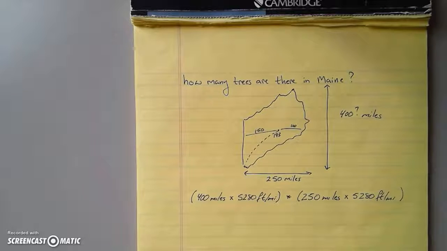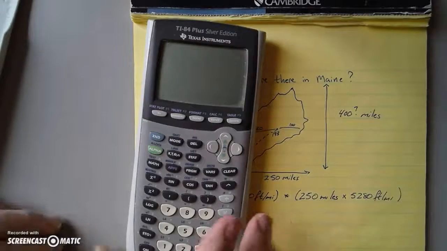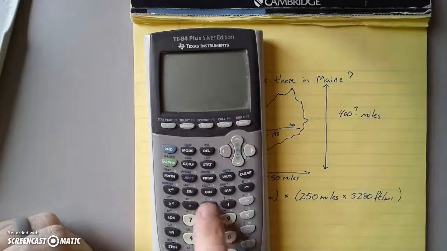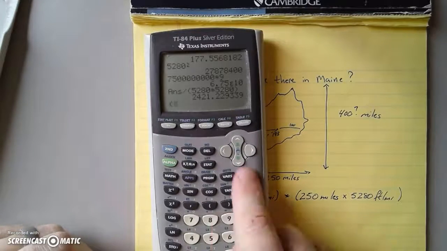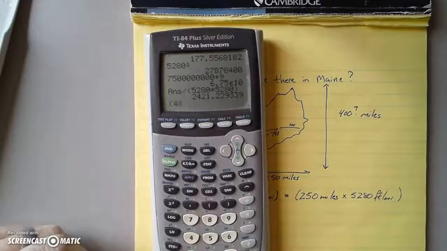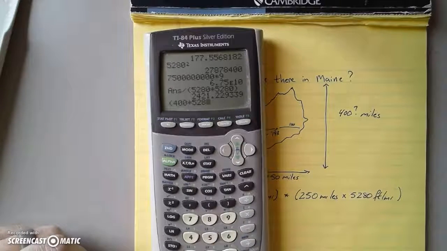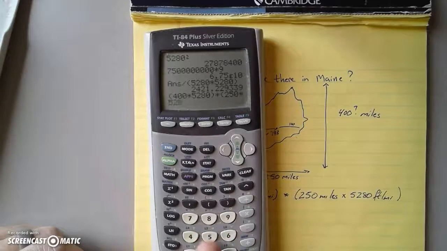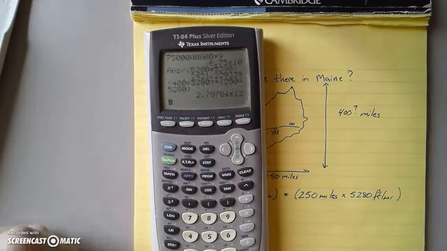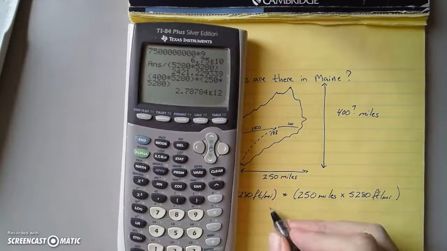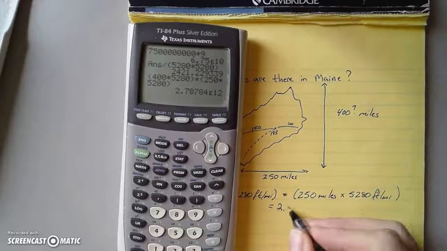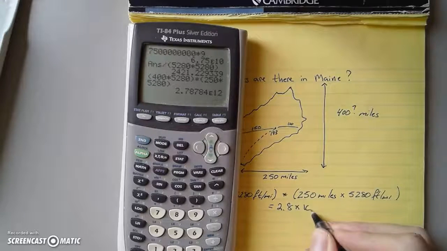Need to grab the calculator. All right, let's do that. So I have 400 times 5280 times 250 times 5280 gives me a really big number. So let's just say 2.8 times 10 to the 12th power.